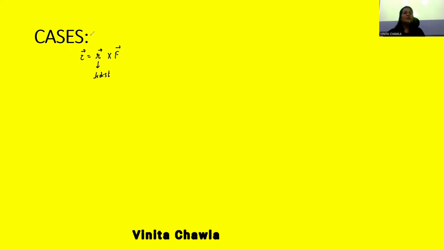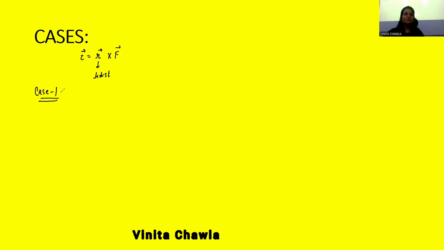So in cases we discuss the directions of these two, and on the basis of their directions we find torque accordingly. ठीक है? ये करते हैं हम cases में. अब different cases आप बताओ क्या हो सकते हैं? R is perpendicular to F, or let's take all the cases one by one. So let's write case 1 first.